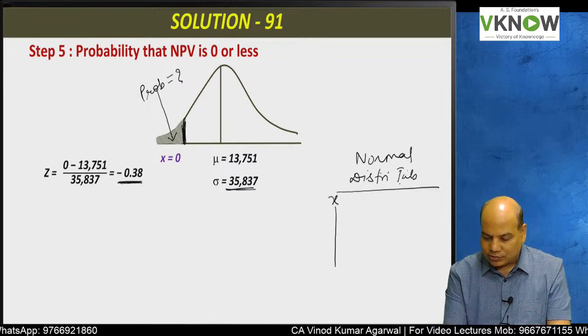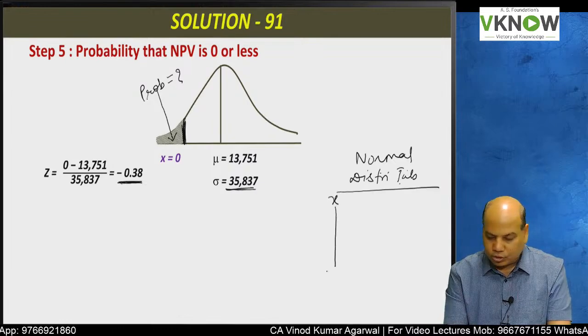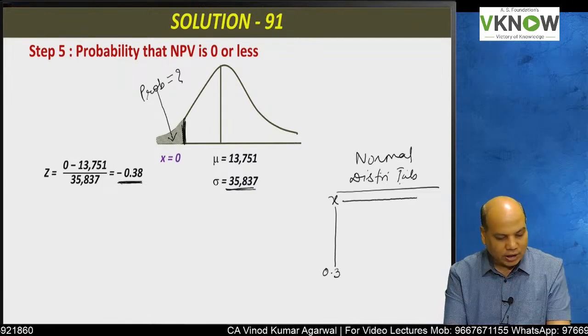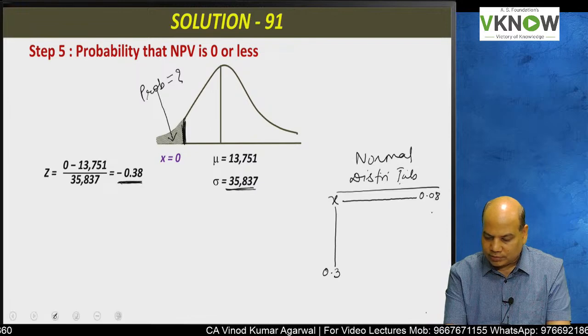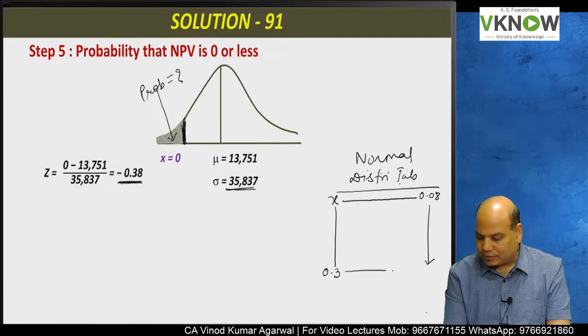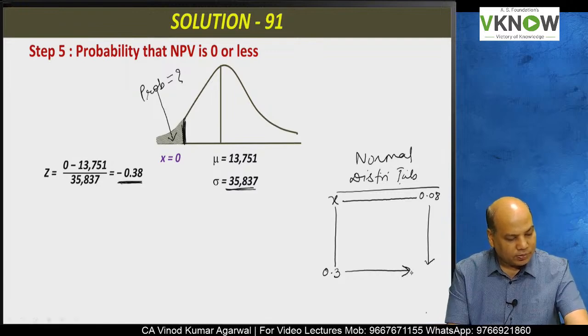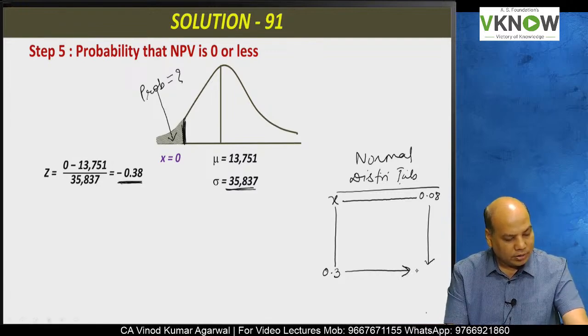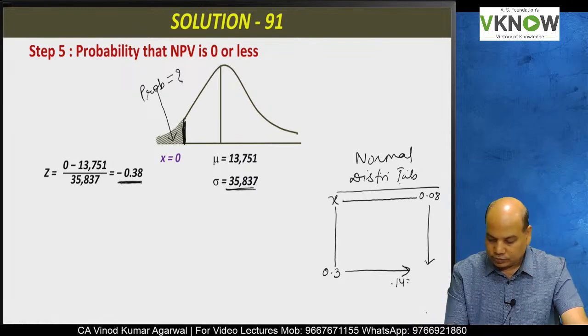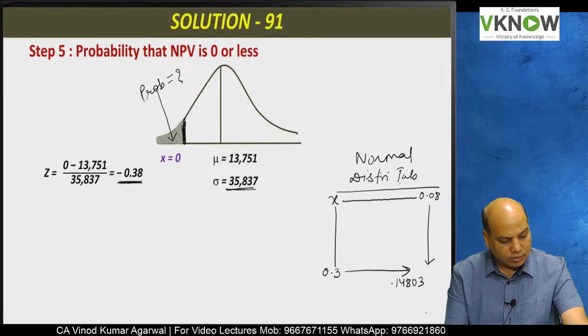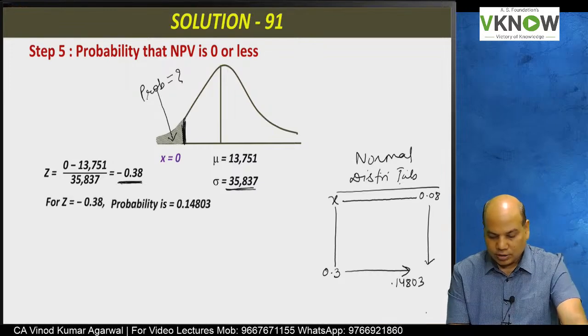First column, X column, fourth line you will find 0.3. Go to second last column, 0.08, and see what is the number for 0.38. The number for 0.38 is 0.14803. Is it there? Right.